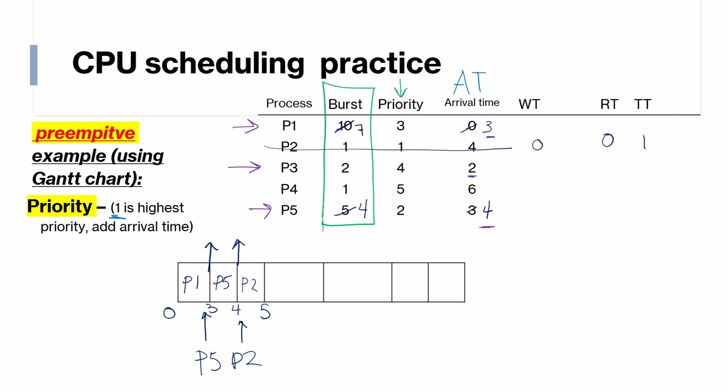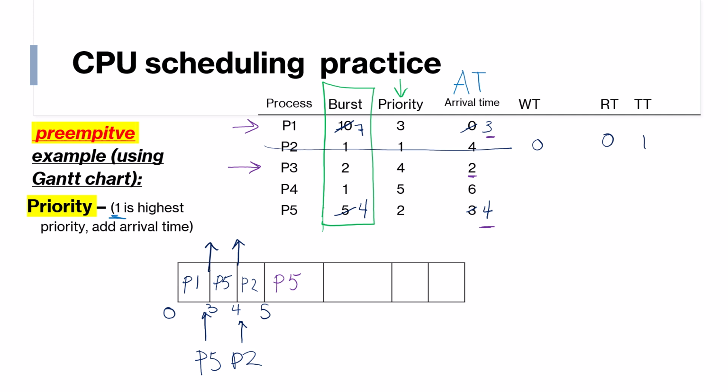So even though P3 has an earlier arrival time than the other ones, we have to look at the priority. Of the 3 processes in our ready queue, the one with the highest priority is going to be P5. So P5 will get on the CPU next.